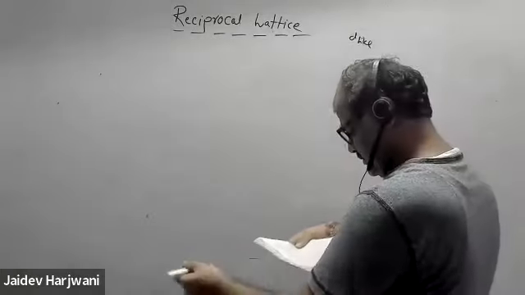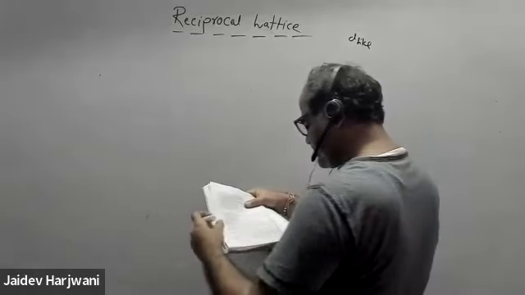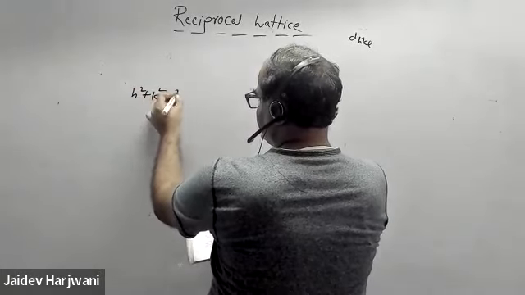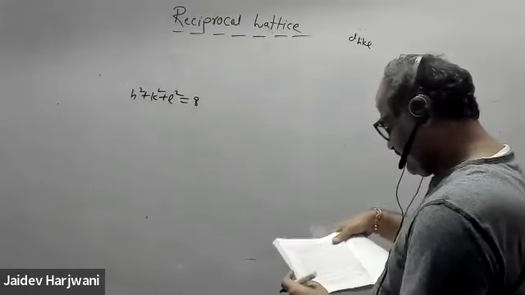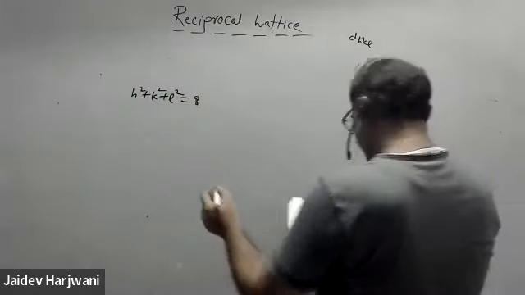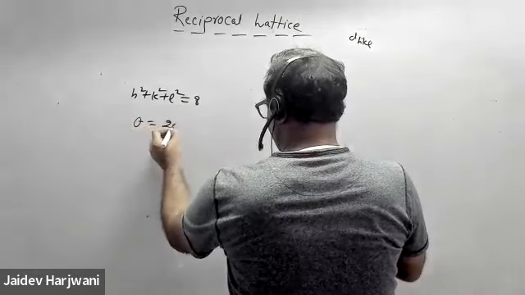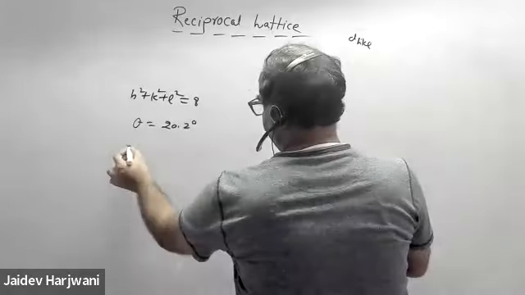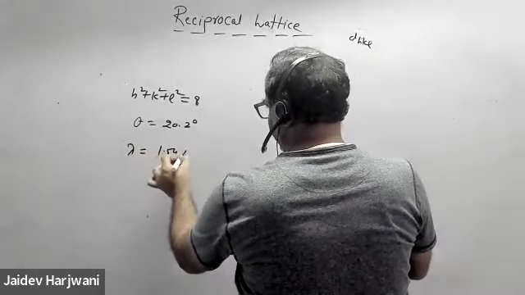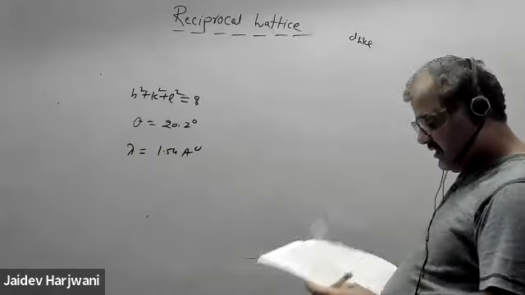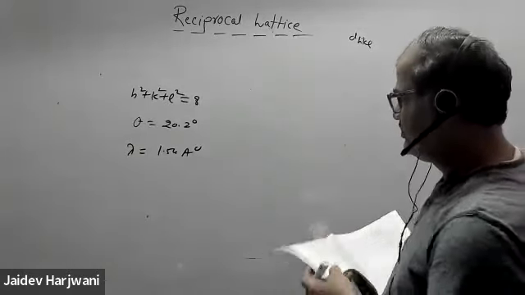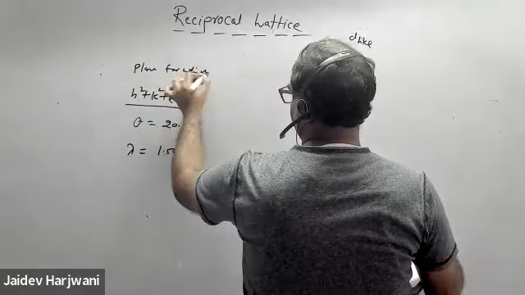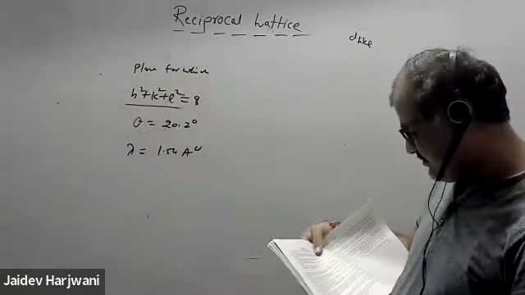So question one is the Bragg angle for reflection from the planes for which h square plus k square plus l square equals 8. The Bragg angle theta is given, 20.2, and the wavelength of the X-ray is given as 1.54 angstrom. For the planes for which this condition is satisfied, the angle is given and lambda is given.